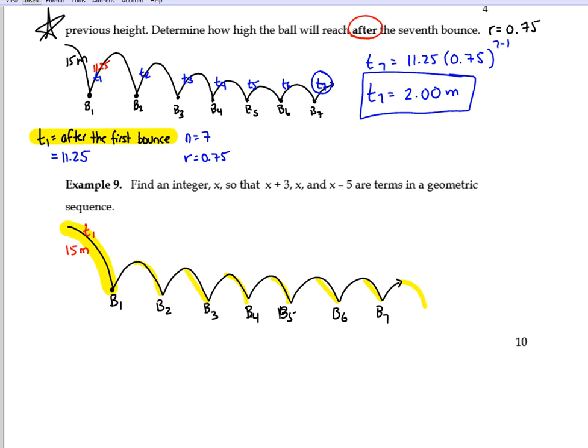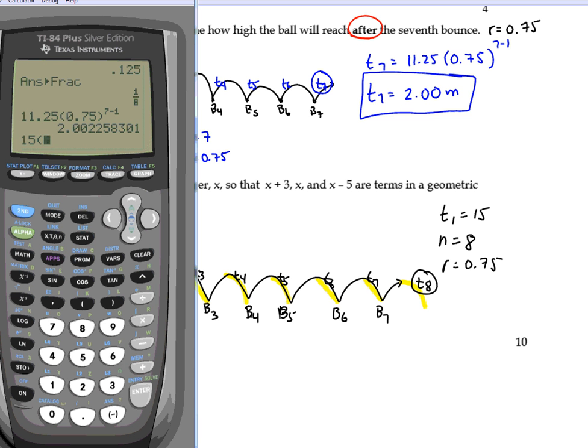And so we'd be looking for term 8. Okay, so all your downs are your terms instead of ups. So if you want term 1 to be 15, then n is going to be 8. You're looking for term 8. Your common ratio is still 0.75. And when you type that in, you get the same answer, 0.75 to the power of 8 minus 1.